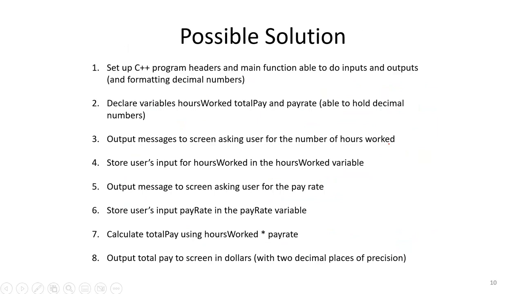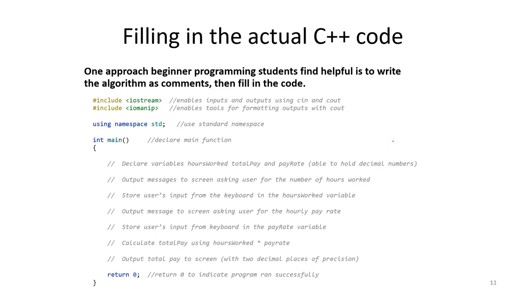So once again, here's another possible solution. So there's really no right or wrong answer. Every student will write algorithms differently. But you want to make sure you are as clear and detailed as possible. Another strategy that is helpful for beginning programmers is to write the algorithm as comments in your program.